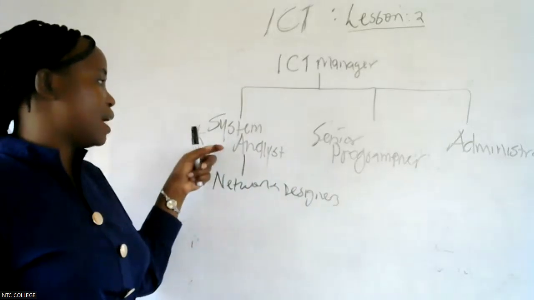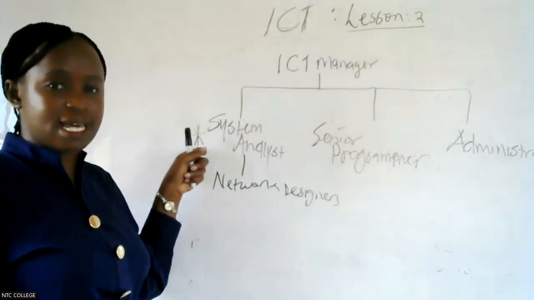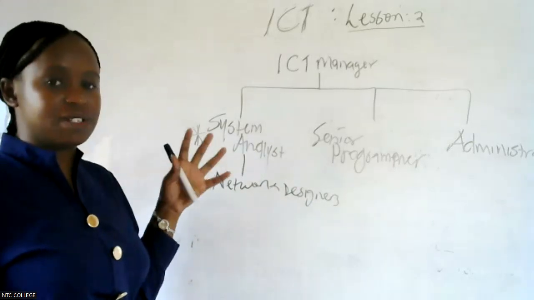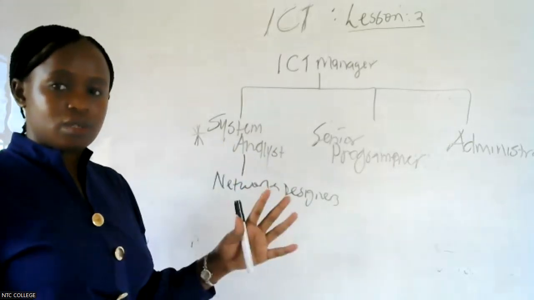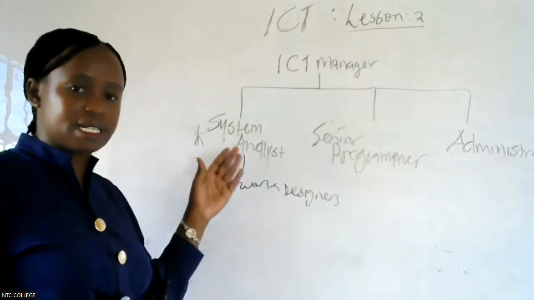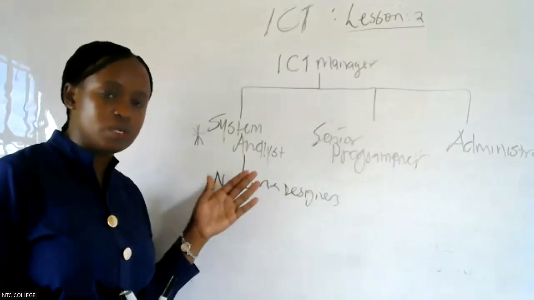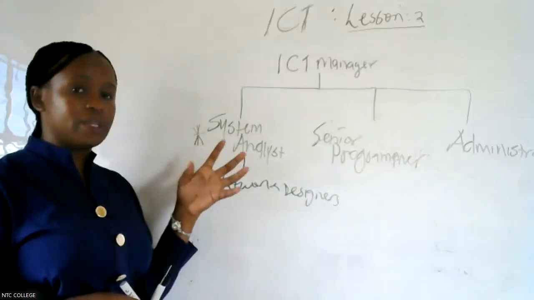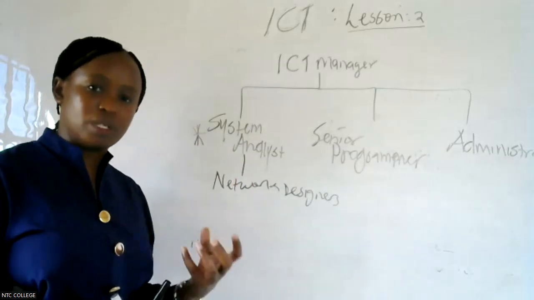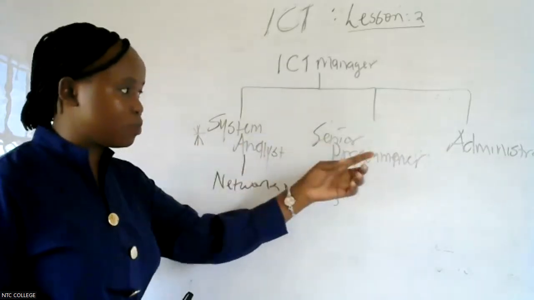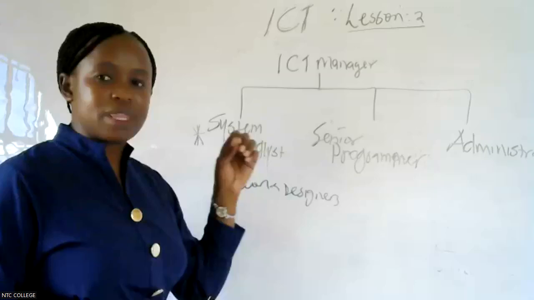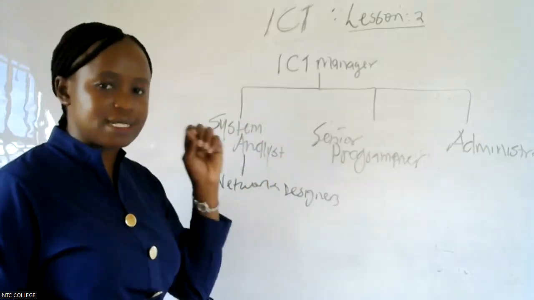System analyst, this is a computer science qualified person, a scientist in the field of computers, who possesses sound knowledge because they are very key and their work is very crucial. Their duties will range from studying information systems and developing them together with other people like the programmers. These are the people in charge of developing the program codes or the instructions.